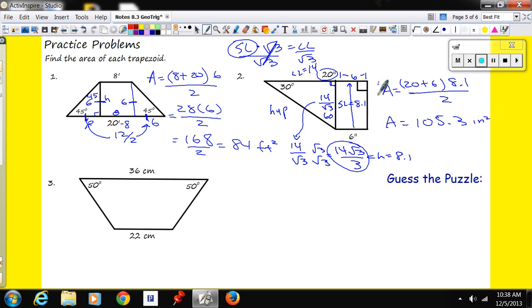And this is all I would need on your worksheet. To show me where you plugged it in the formula and then use your calculator and give me your answer. I would like to see some of this stuff where you drew on your pictures, just so you know how to get the height. That lets me know that you're trying to figure out what the height is. But at least plugging it in and then doing it on here and then giving me the answer would be fine.